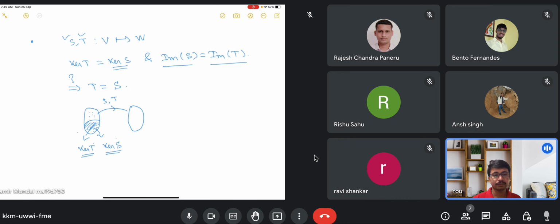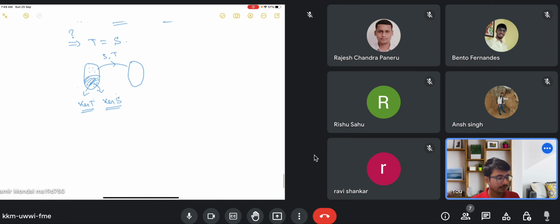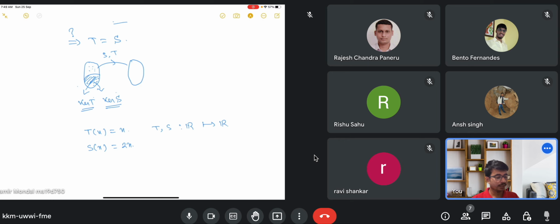I am giving you one example like that. Take T of x equal to x and S equal to 2x. T and S both from R to R. Here kernel of T equals kernel of S equals 0, both are the same.